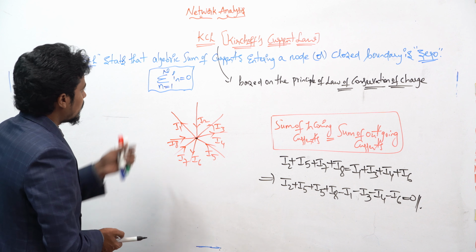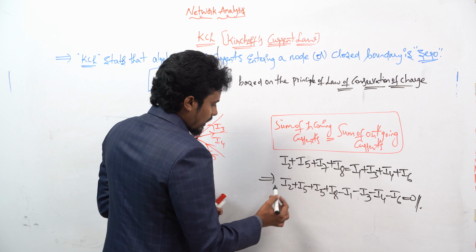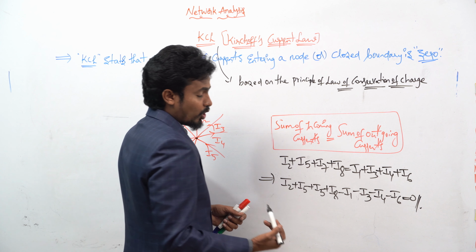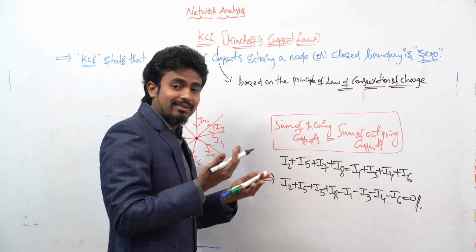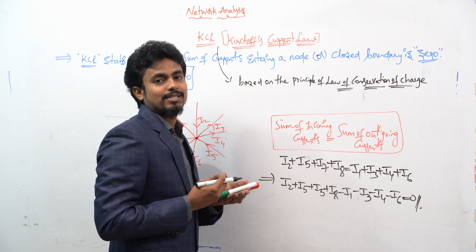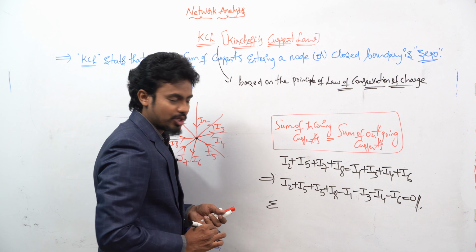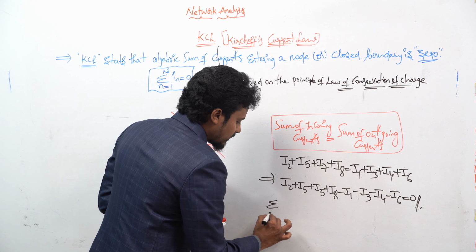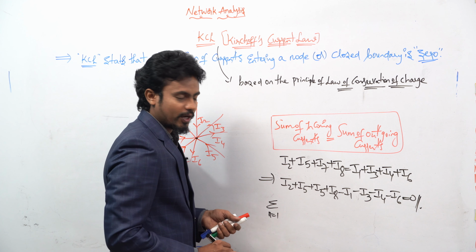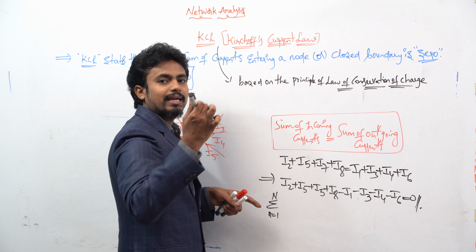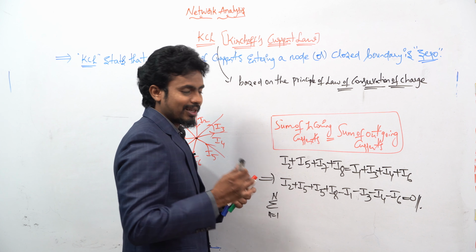So here you can see I1, I2, I3, I4 like this, right? If you take I1, I2, I3, I4 up to n elements, I have to represent it with the summation. I take small n equal to 1 up to capital N, that is, capital N currents.